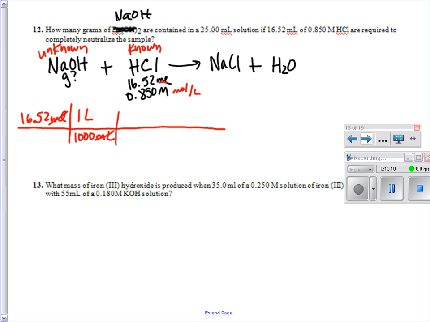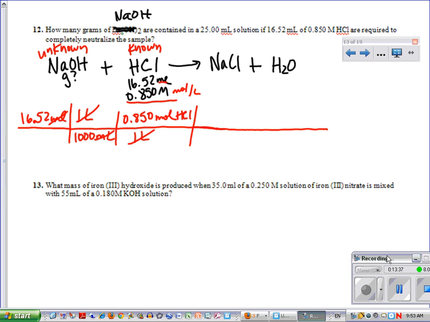How do I get moles of known? That's my first step. Look at your molarity. 0.850 moles per liter, and this is of the HCl. So my liters cancel, and now I'm in moles of HCl. That's moles of known. How do I get to moles of unknown? Mole ratio, which is 1-to-1.